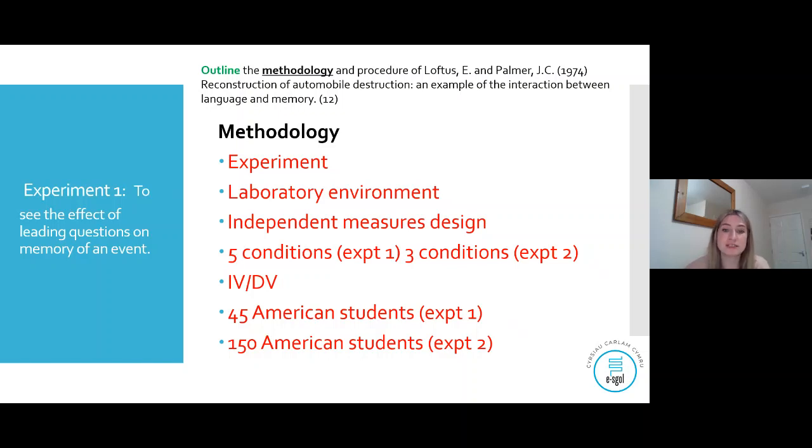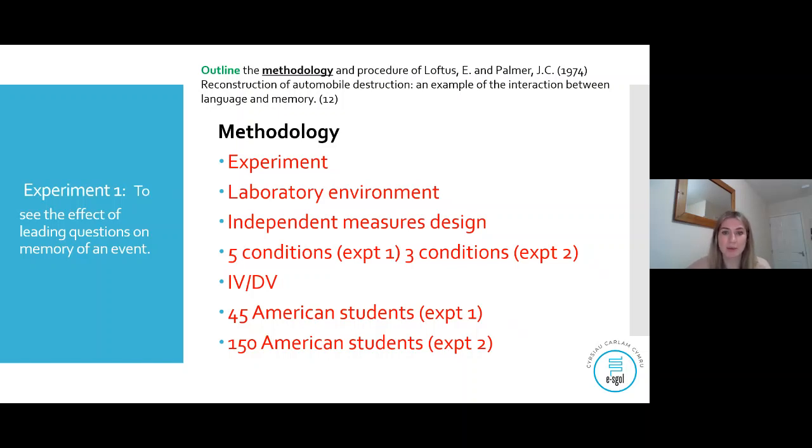Okay, so for Loftus's experiment 1, she had one group of participants doing one element of her study. She had 5 different conditions in experiment 1, so in brackets EXPT, I've just abbreviated that as experiment, and she had 3 conditions in experiment 2.